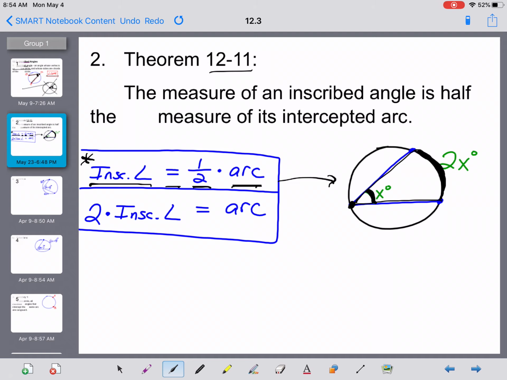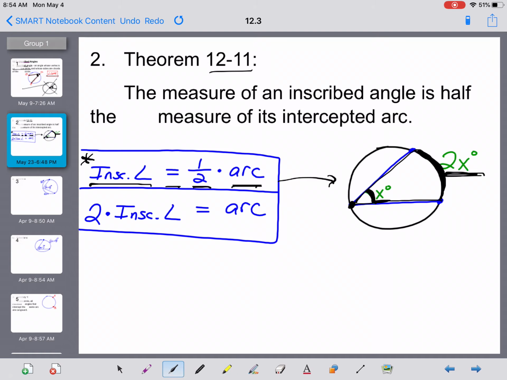So what I decided to do here was to kind of work backwards and name this arc out here 2x degrees. And I thought it'd be easier then to ask you guys, okay, then what is half of 2x? And the answer to that would just be 1x. So then I kind of came backwards here and labeled the angle just plain x. We could have gone the other route, calling this right here x degrees, but then this would have been a 1/2 x, and people kind of prefer not to deal with fractions if they don't have to.